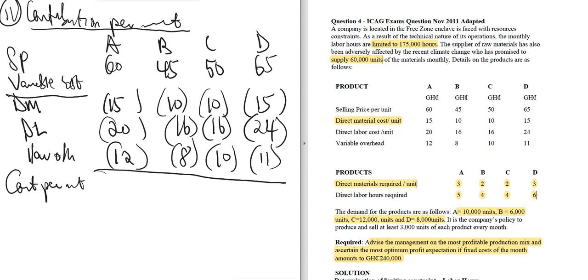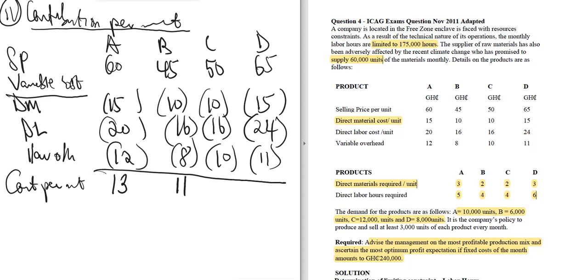We have 60 minus 15 minus 20 minus 12, which ends up giving us 13 for product A as contribution per unit. Then we come to product B, 45 minus 10 minus 16 minus 8. And that gives us 11 for this product.